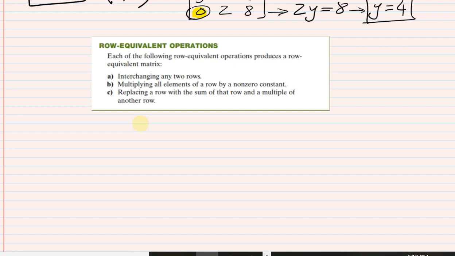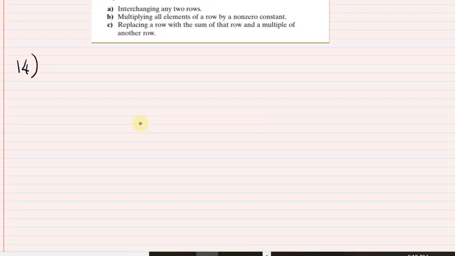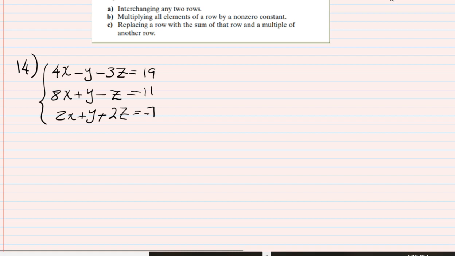Now, let's take a look at the matrix method to solve 3 equations, 3 unknowns. Okay. I'm going to try exercise number 14 in this section. Let me write the system to save time, and then I'll display it for you all at once. Okay, so I went ahead and put down the system for you.